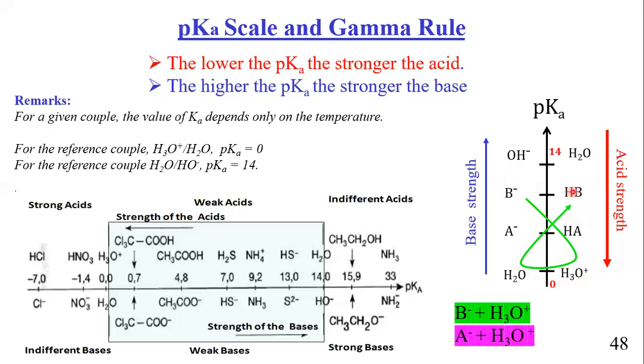If we have nothing as a product, no, but if I have HB in solution and water, this reaction may occur, but it is not going to be a very spontaneous reaction. It's only spontaneous in the direction of gamma. So when we say gamma rule, we mean the spontaneous type of reaction, the fastest and the most spontaneous. So B minus reacting with H3O plus will occur before A minus reacts with H3O plus, simply because B minus is above A minus, or more basic than A minus.